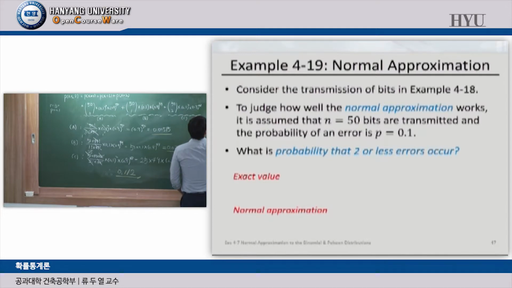The probability of x when x is smaller than 2, that is equal to the probability of x when x is smaller than or equal to 2.5, right? Based on the correction factor. And this can be rewritten as the probability of z when z is smaller than or equal to 2.5 minus 5, right?